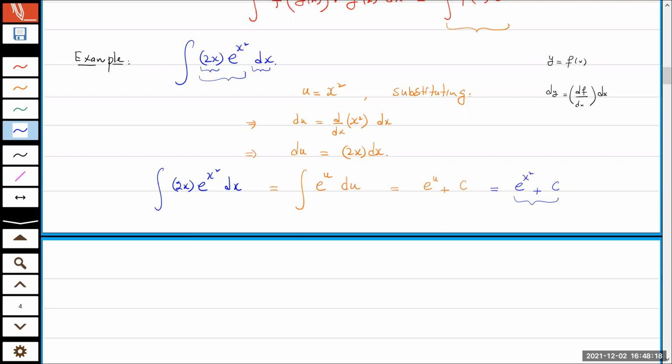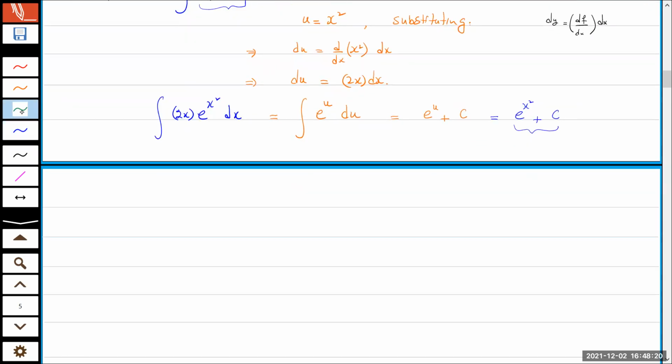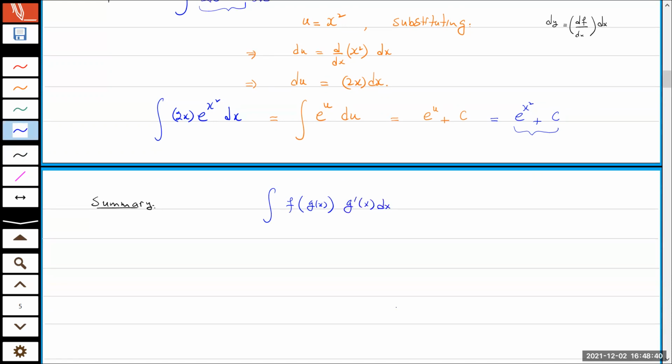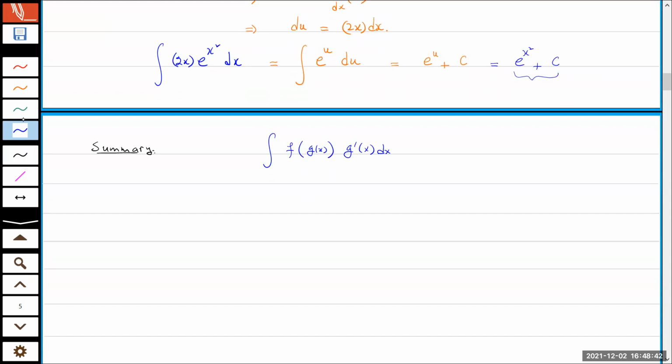So here, this is the process. In general, summary, if you are given an integral of the form f of g of x times g prime of x dx, what you do is you first write u equals g of x.